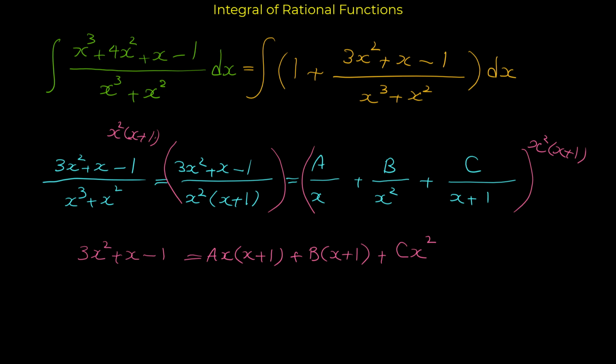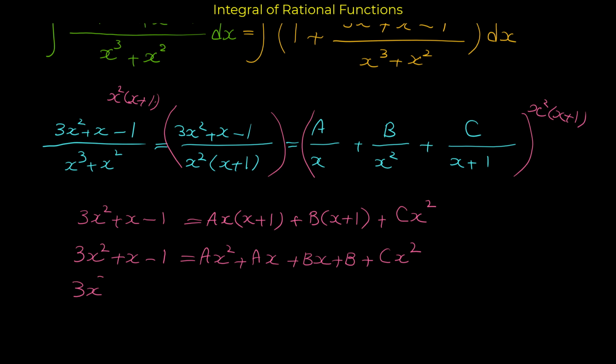Now we expand these brackets to find A, B, C. We have 3x² + x − 1 equals Ax² + Ax + Bx + B + Cx².